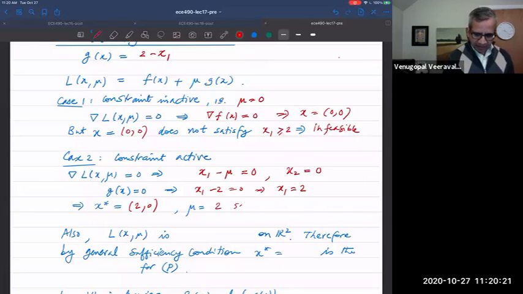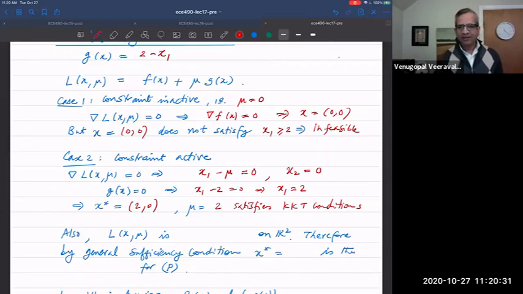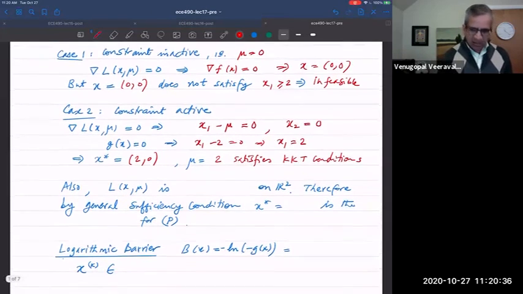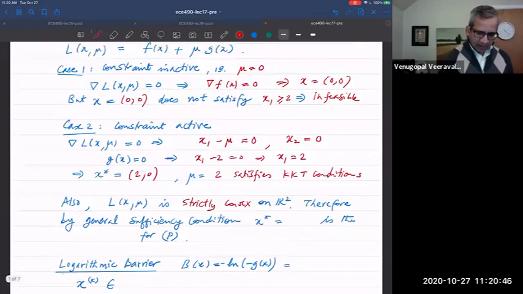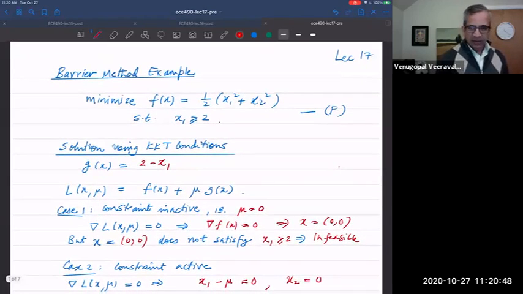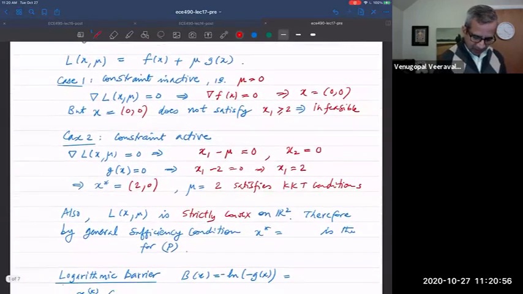So this satisfies the KKT conditions. And mu is non-negative, as it should be, so it's all good. In this case, of course, L(x, mu) is strictly convex. That's easy to see: f is a strictly convex function, and the constraint function g of x is linear, which is a special case of a convex function.